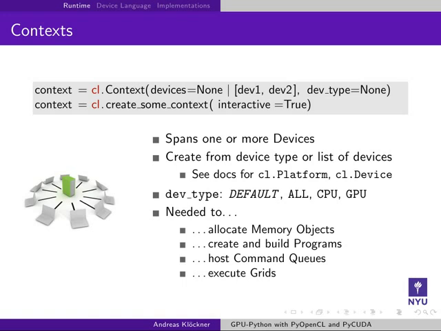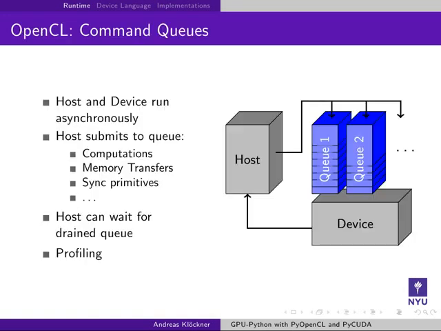Yet another noun is the command queue. What's the command queue's purpose? The command queue is the mediator between the host side and the device side. As I said, the two run asynchronously from each other. So when you issue GPU commands, they don't actually get executed right when you issue them. They get put on top of this queue.